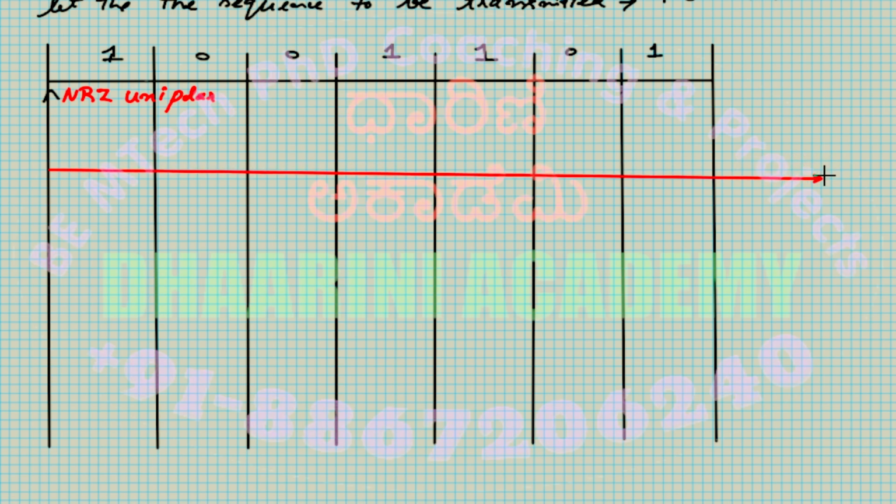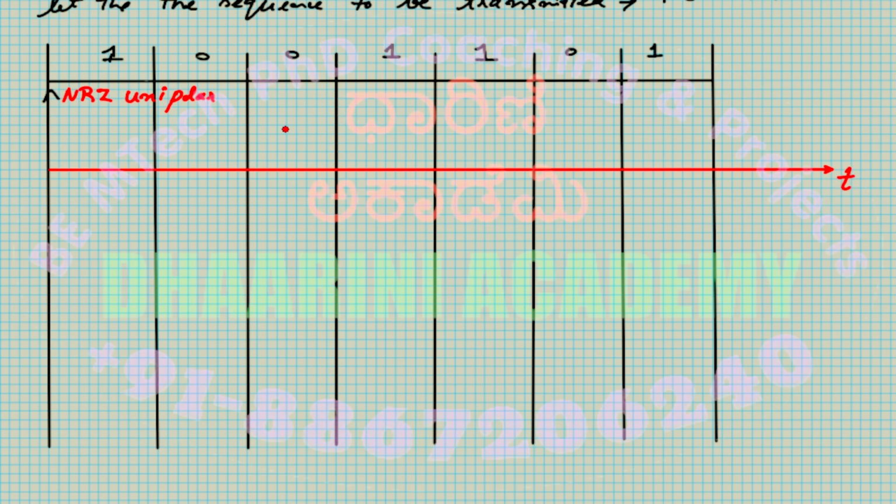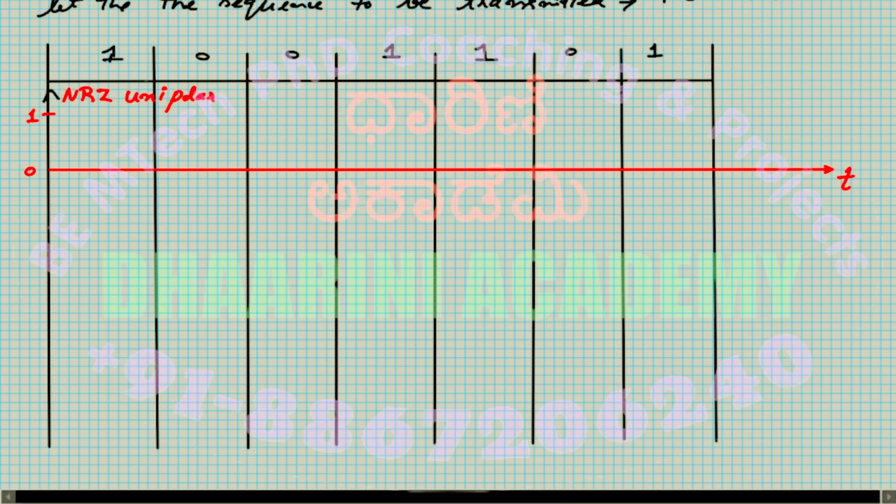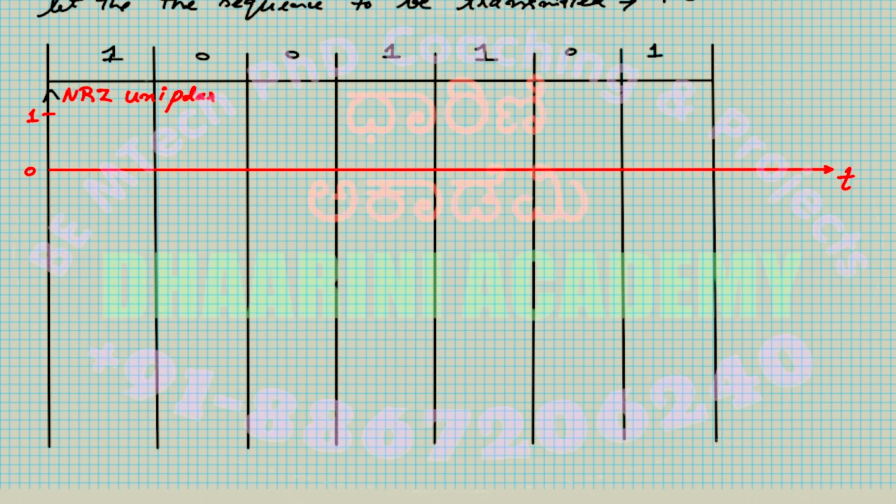This is my x-axis, the time. Now you see, one is represented as high and zero is represented as low. There are only two values, a one for this and a zero for this. Whenever you want to send one, you actually send one.